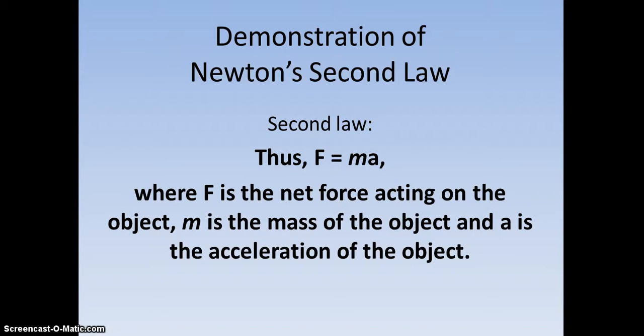As the mass of an object is increased, the acceleration of the object is decreased. Thus, we have F = m × a, where F is the net force acting on the object, m is the mass of the object, and a is the acceleration of the object.